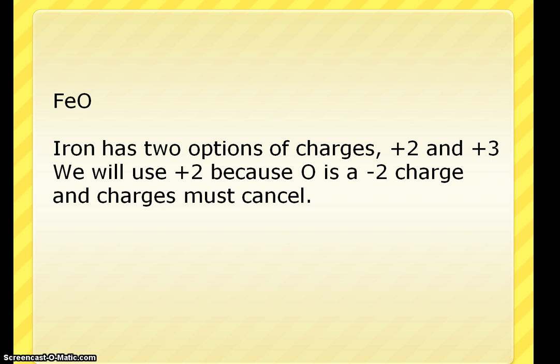So we're going to pick the +2 option. So to tell people that this is iron with a +2 charge, we're going to put it in parentheses as a Roman numeral behind iron. So how I would read this name is iron 2 oxide. I'm going to read those Roman numerals just like numbers.